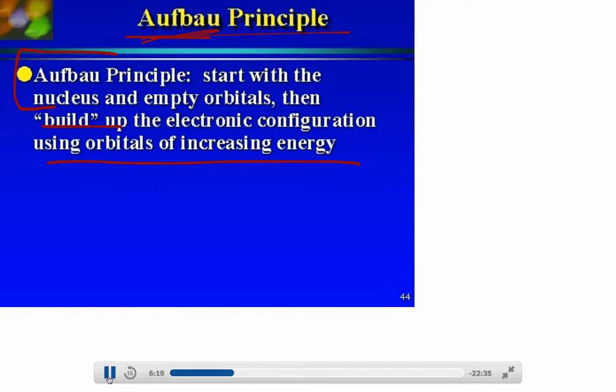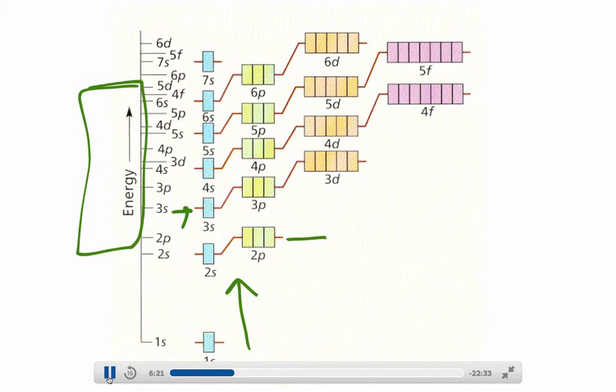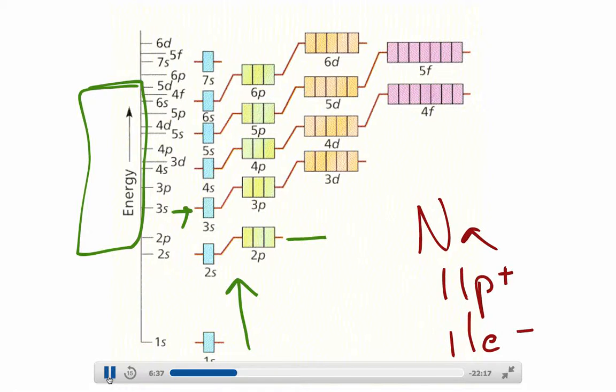So what the Aufbau Principle means is, if we know how many electrons an element has, say we're talking about sodium, and sodium has an atomic number of 11, so it has 11 protons, and it has 11 electrons, and we ask, well, where are those 11 electrons?